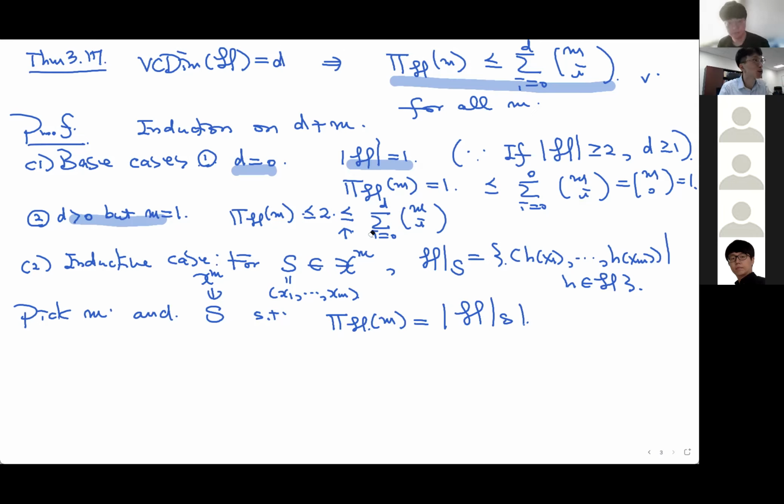Let me just use the original one. That's a bit easier. Sorry about keep changing. Use the subset notation and use this different notation.